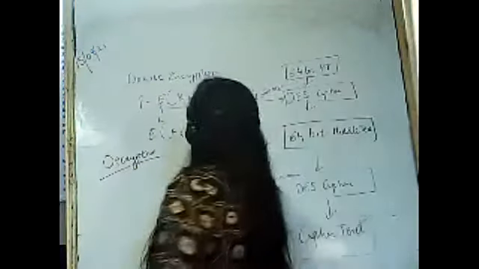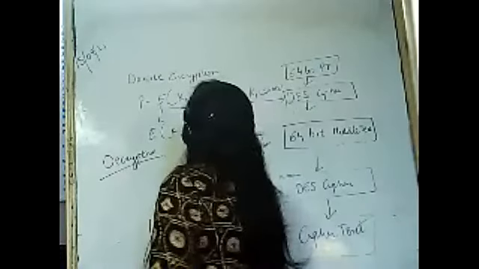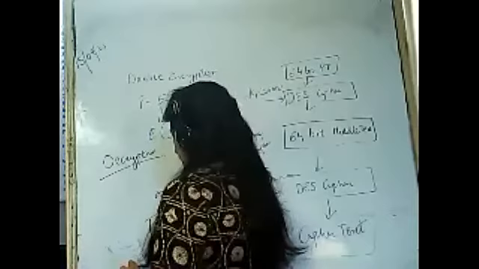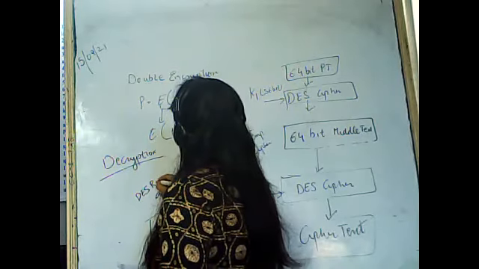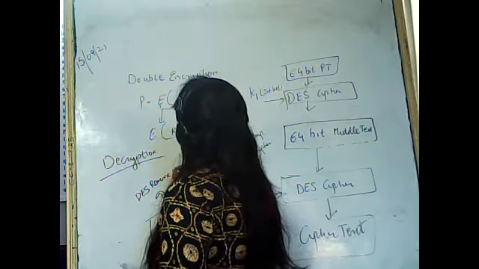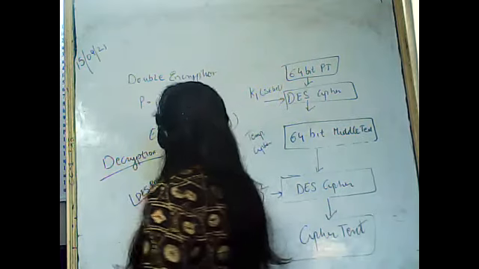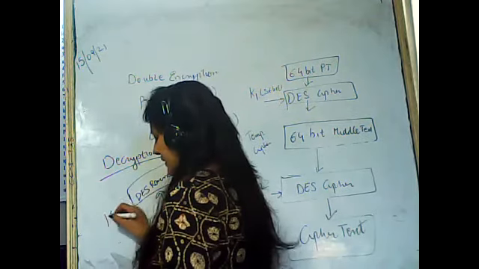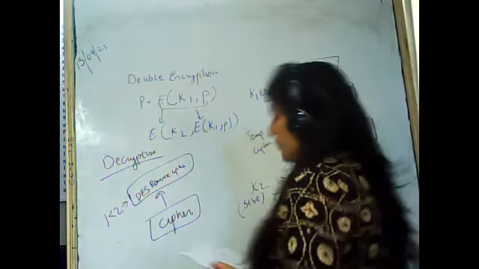On this cipher we first apply the DES reverse cipher, and for that reverse cipher we have to use key 2 first.